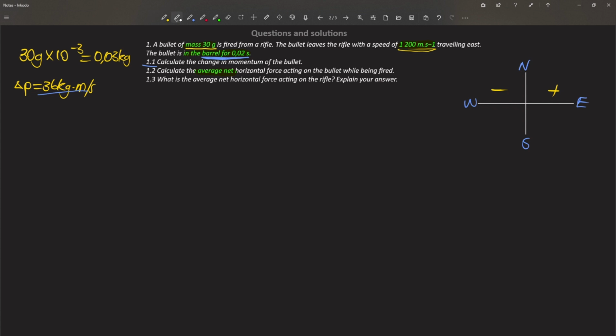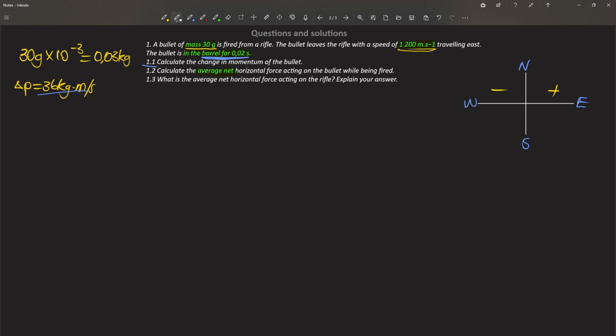Explain your answer. Okay, let me explain it like this. The rifle exerts a force on the bullet. And according to Newton's third law, I was talking about collisions. In the previous lesson it was about collisions, and those collisions were linked to Newton's third law of motion.